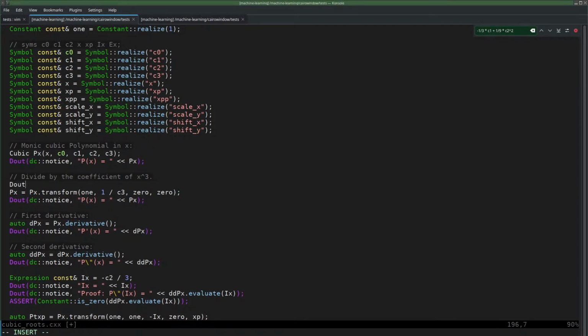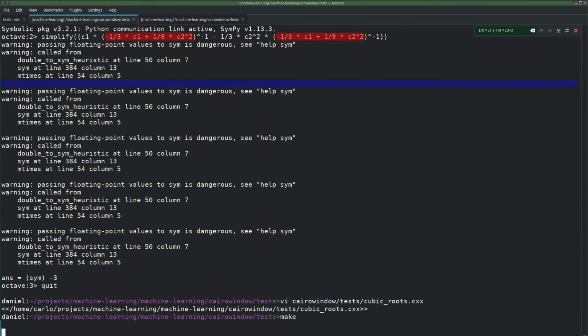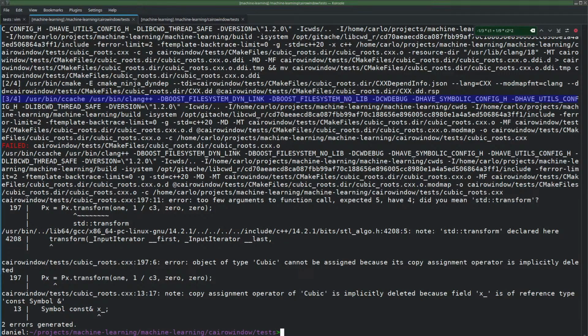Let's write out what we are doing. Divide x by C3. Keep forgetting this.